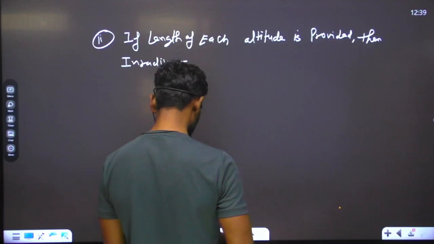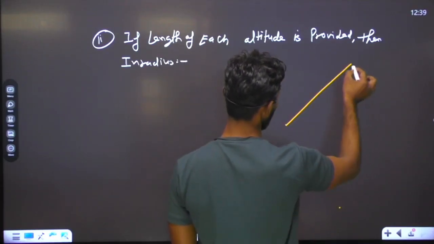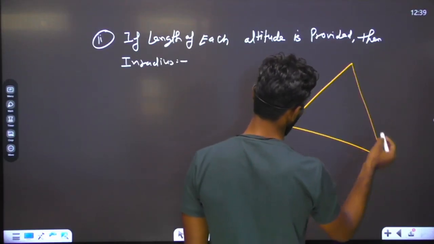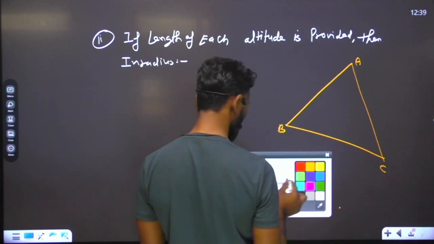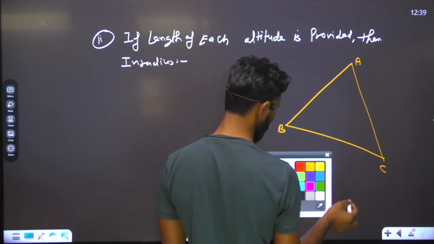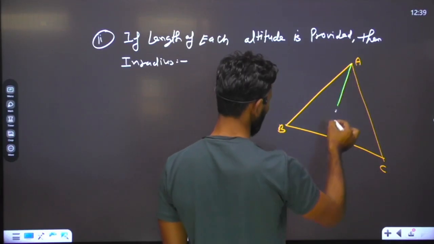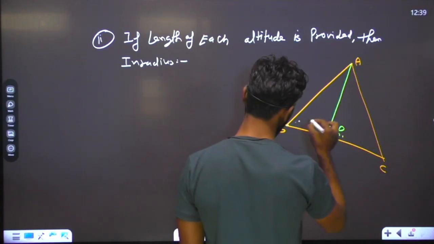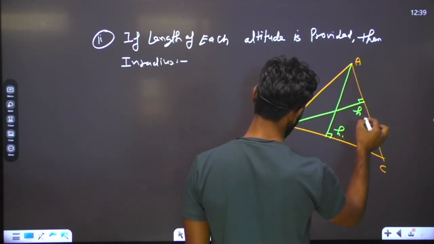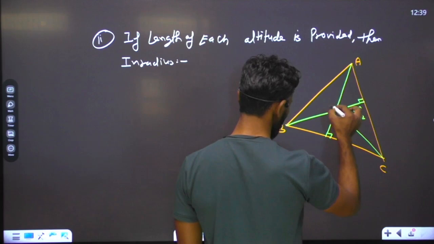I'm saying that this is a triangle ABC, and I am drawing all three altitudes of this triangle. The first altitude is this, and its length is h1. The length of this altitude is h2, and the length of this altitude is h3.